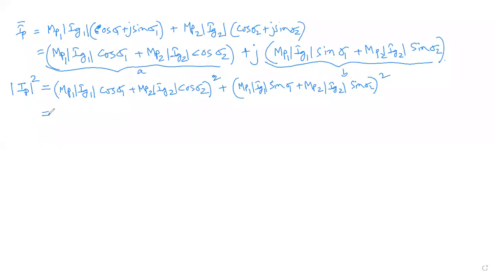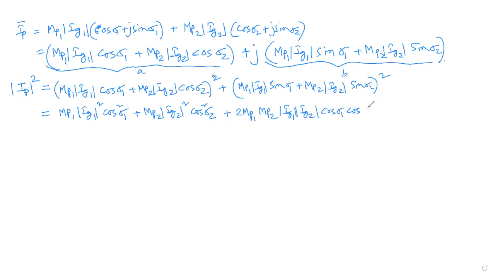And then, if we want, we can remove the brackets and expand these forms. If we expand this, what do we have? For the first part: MP1 squared IG1 squared cosine squared sigma 1 plus MP2 squared IG2 squared cosine squared sigma 2 plus 2 MP1 MP2 IG1 IG2 cosine sigma 1 cosine sigma 2.